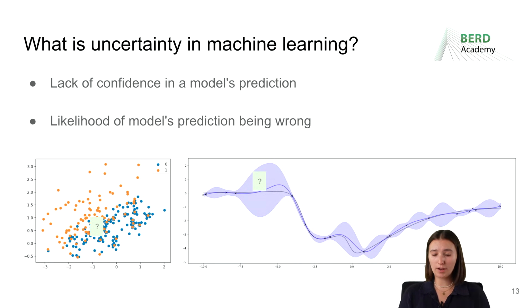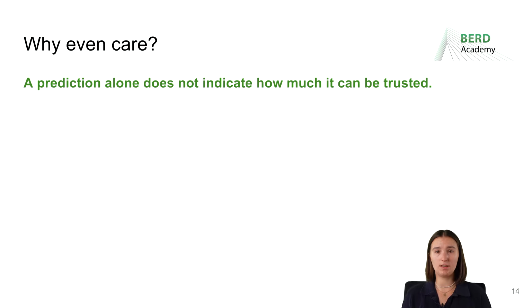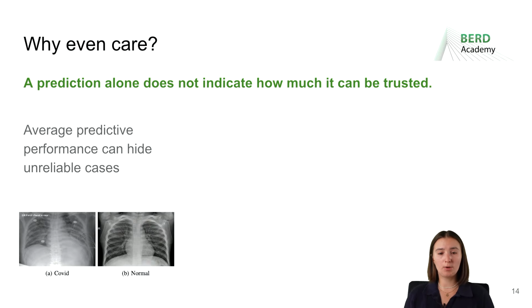Okay, why should we care about uncertainty in machine learning? A prediction alone does not indicate how much it can be trusted. For example, let's look at a medical example. Imagine we have some X-rays and we want to predict whether a patient has COVID or not. If we just look at the average predictive performance, it can hide unreliable cases.